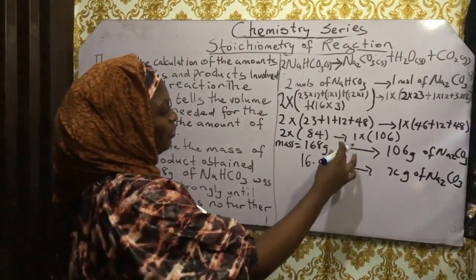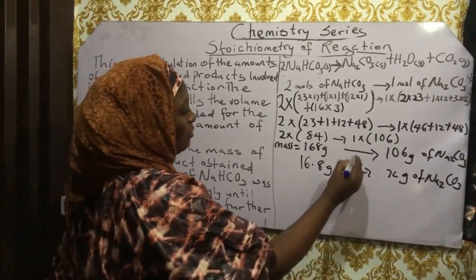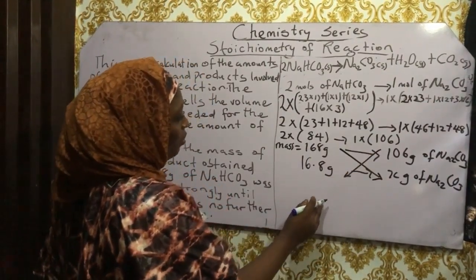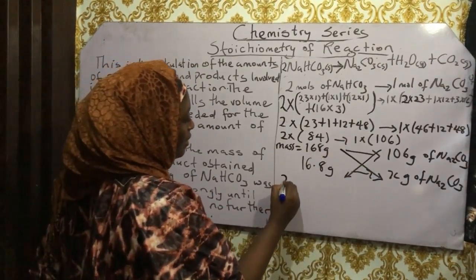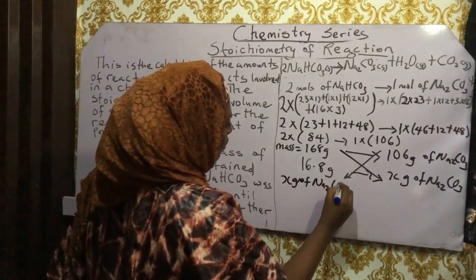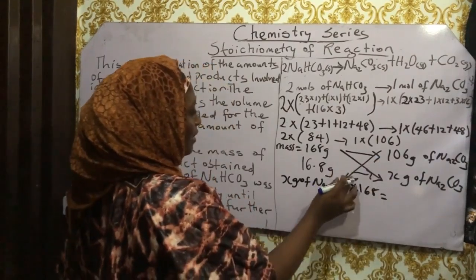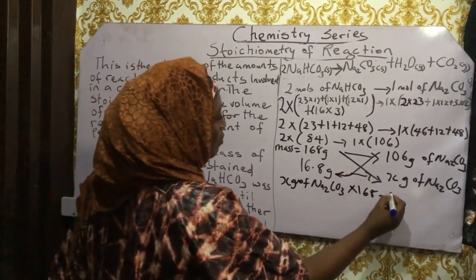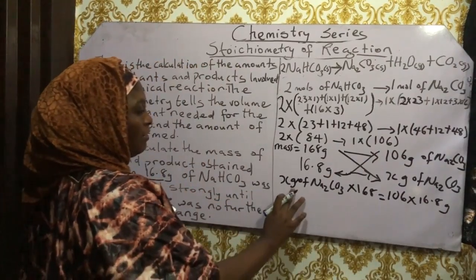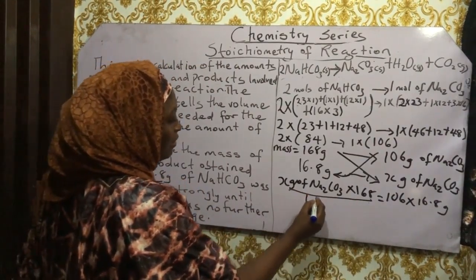So let's do the cross multiplication in order to get our answer. X grams of Na2CO3 times 168 is equal to 106 times 16.8 grams. In order to get X grams of Na2CO3, you divide both sides by 168.